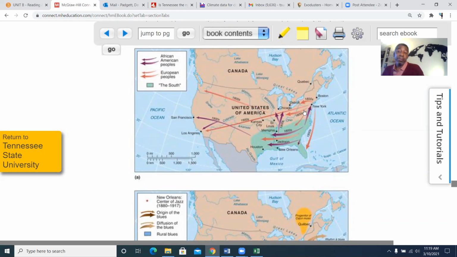We discussed the push factors, of course, being racism, Jim Crow, lack of economic opportunity, lack of political opportunity. There were a variety of reasons that pushed African American migrants out of the South during the Great Migration. So we then started to discuss what drew African Americans to the North.